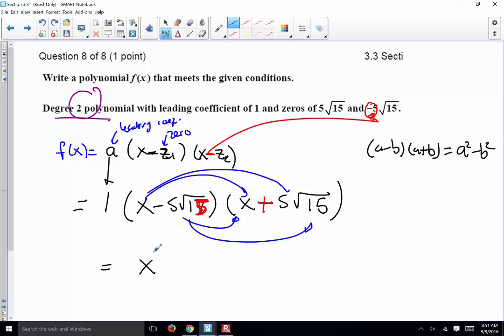So I know quickly this is x squared minus 5 root 15 squared. But if you FOIL it, the middle two terms will cancel each other. They will be opposite of each other. And we will get 5 squared is 25. And 25 times 15 is 280. Right? No, 275.